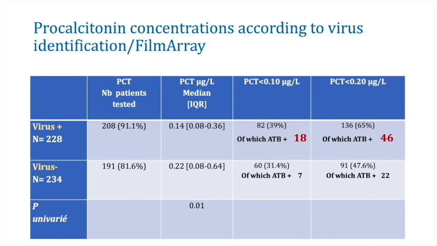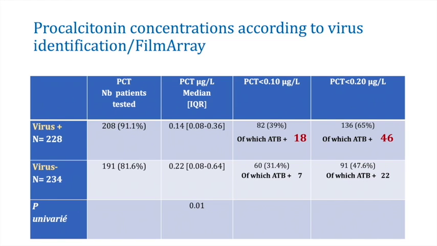As you can see, most of the patients had a PCT measurement, even virus-negative patients. And the median PCT concentration was significantly lower in virus-positive patients compared to virus-negative patients.